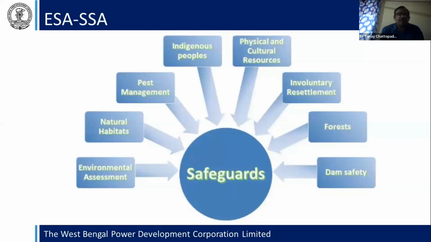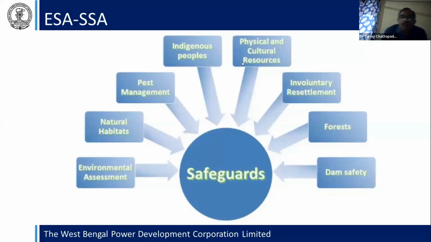What is the environmental safeguard assessment and social safeguard assessment? Actually, in total we have to consider the environmental assessment, natural habitat, what water bodies are near, what habitats are there, and the pest management system should be considered.